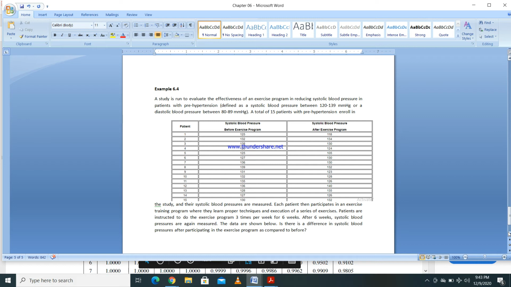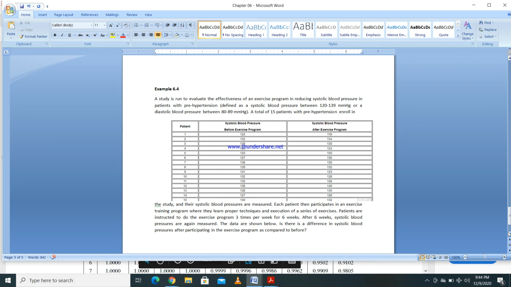It says a study is run to evaluate the effectiveness of an exercise program in reducing systolic blood pressure in patients with prehypertension, defined as a systolic blood pressure level of 120 to 139, or diastolic blood pressure between 80 to 89.